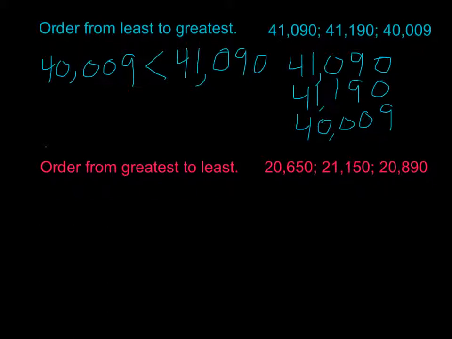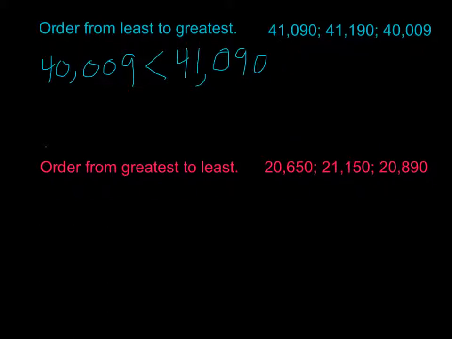So now that I have 41,090 on there, I'm going to then write in our last one. 41,090 is going to be less than 41,190, because that's our last thing in which we have here.